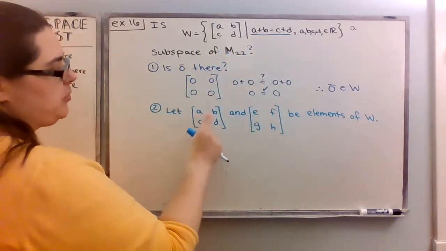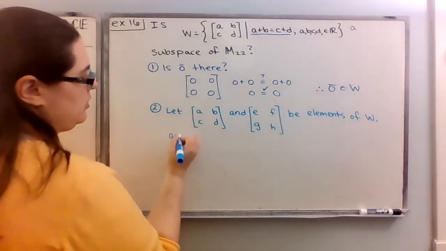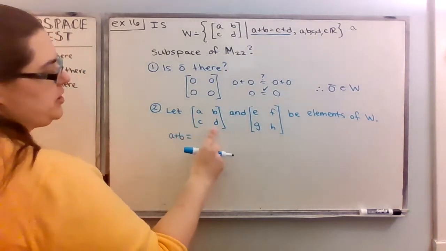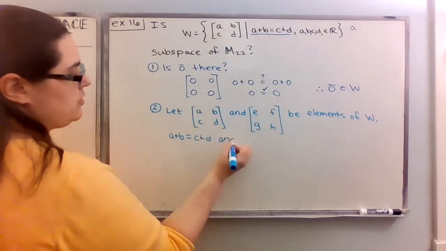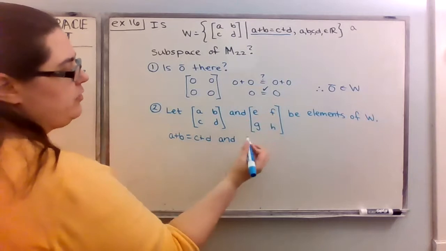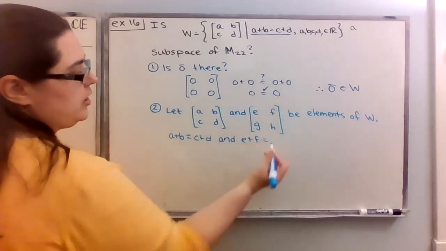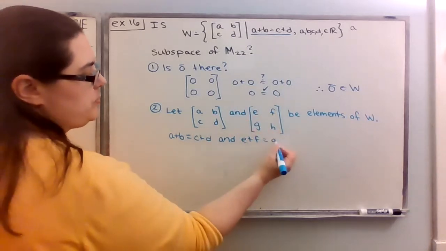So we know that A plus B has to equal C plus D. And we know that E plus F has to equal G plus H.